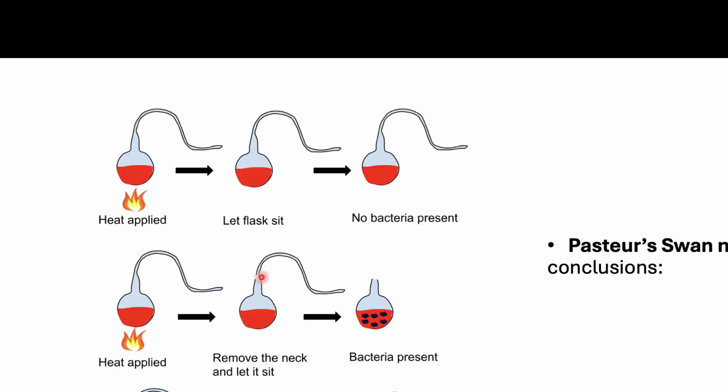Now when he breaks the swan neck, there is microbial growth, and if he tilts the flask sideways and lets it sit, there is still bacterial growth occurring. So this shows that microorganisms come from pre-existing life, not from spontaneous generation.